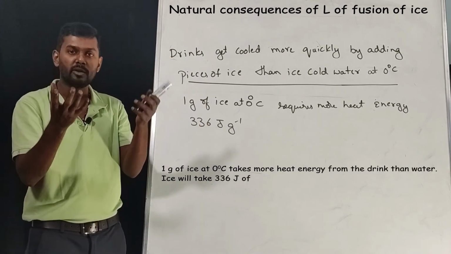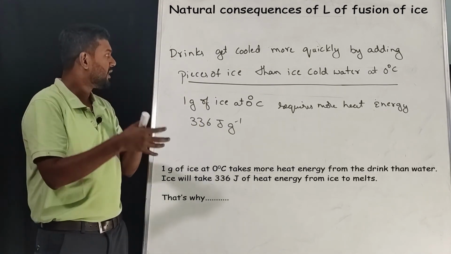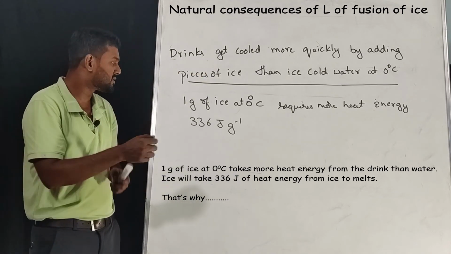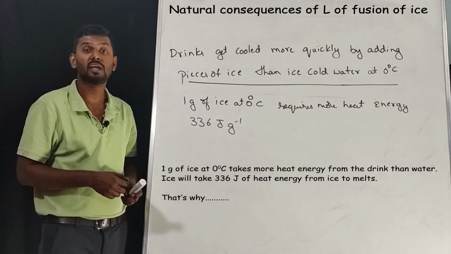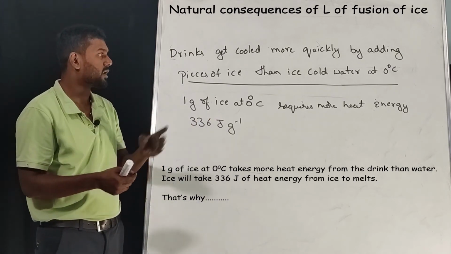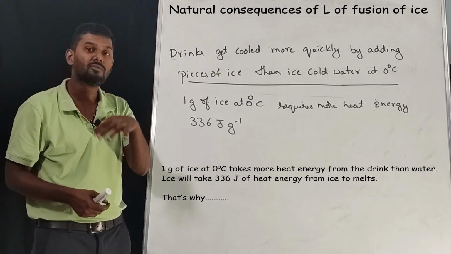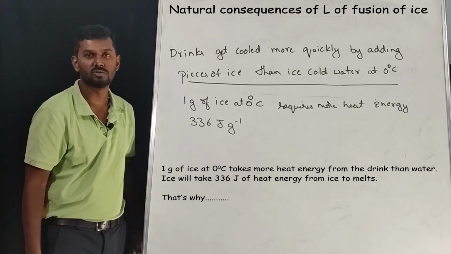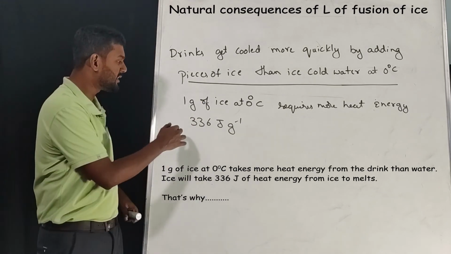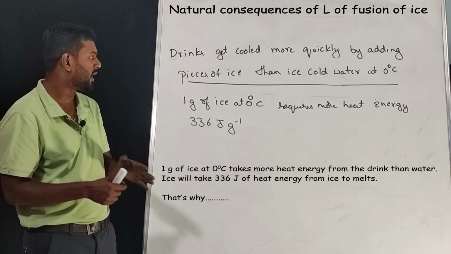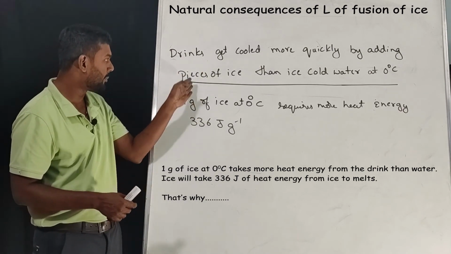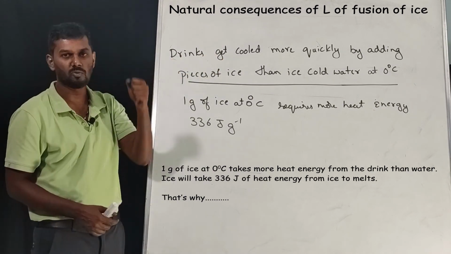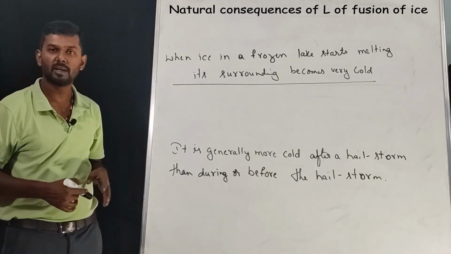So if you add ice to the drinks, it absorbs 336 joules of heat energy from the drink. Ice cold water will also absorb heat energy, but will not absorb 336 joules; it will absorb less than 336 joules. That's why we prefer pieces of ice over ice cold water to cool down the drinks quickly. Now we'll talk about the remaining consequences.